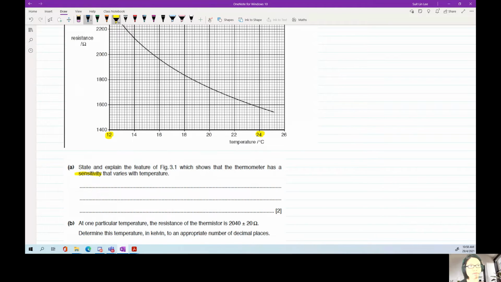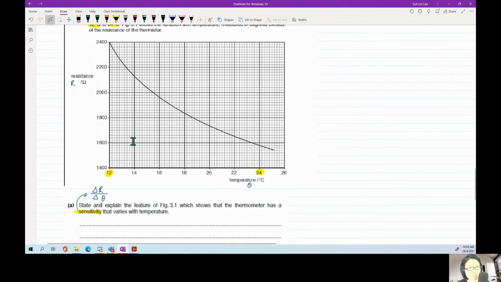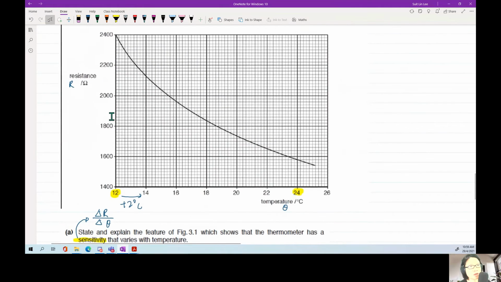Okay, so sensitivity here means the change in resistance over the change in temperature. Let's say this is theta, then this is R. So for example, if we look at 12 to 14, when your temperature rises 2 degrees Celsius, your resistance will drop how much?